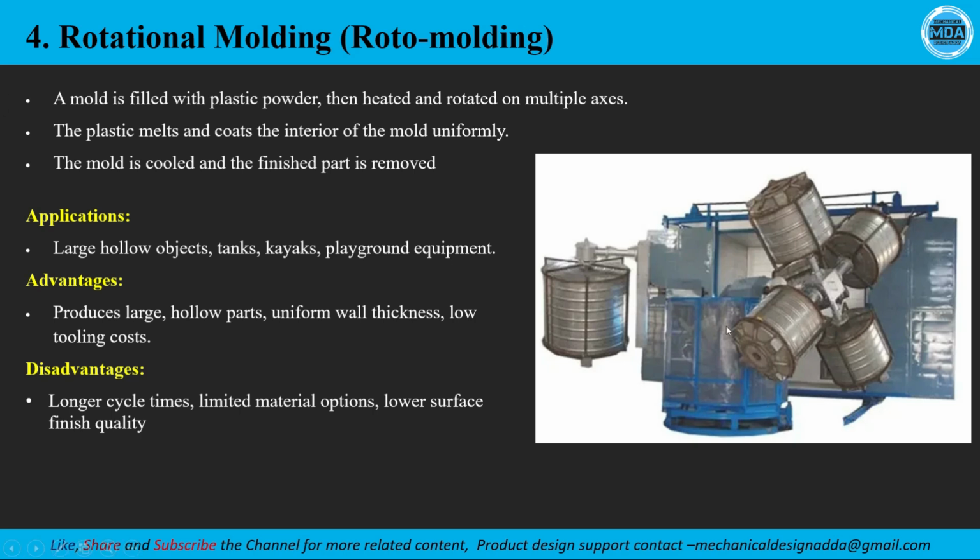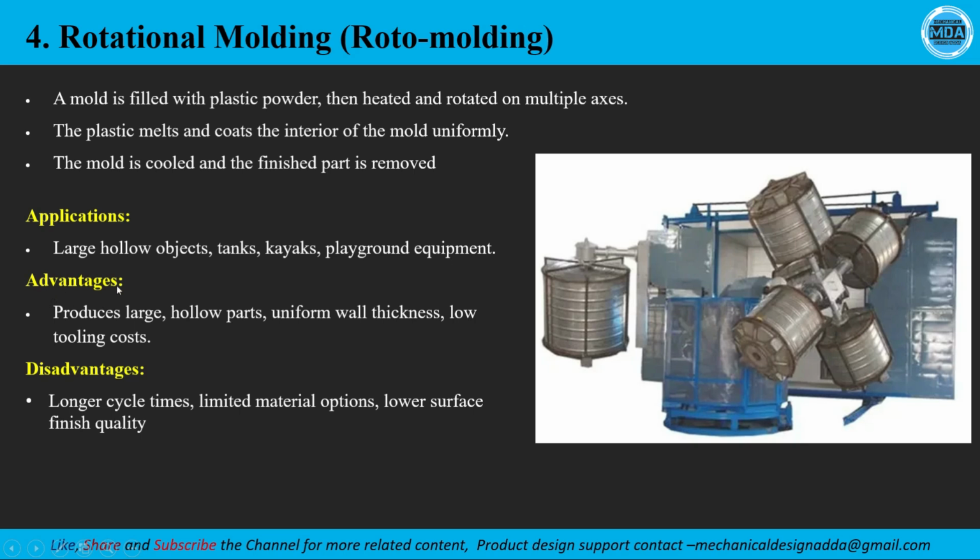During the rotation of the axis, the material sticks to the wall of the mold and forms a uniform wall thickness. We use rotational molding for large hollow objects like tanks, kayaks, and playground equipment. In a separate video we'll also discuss rotational molding in detail.